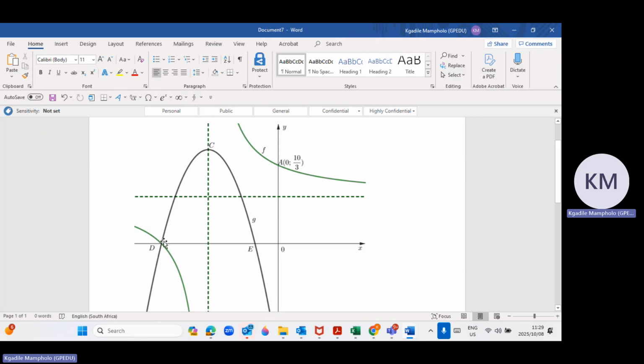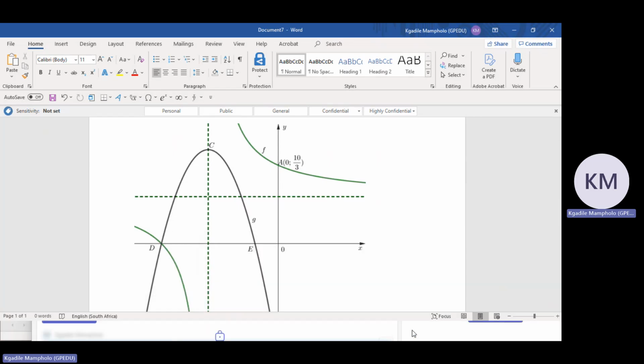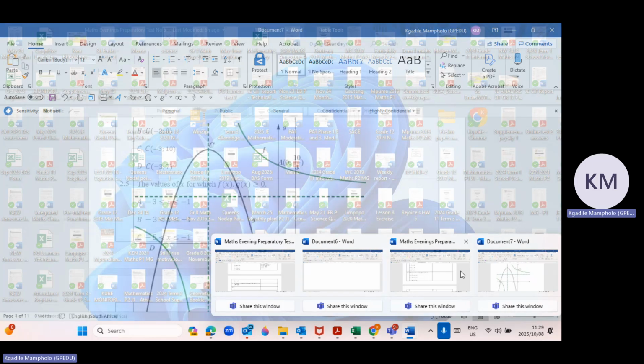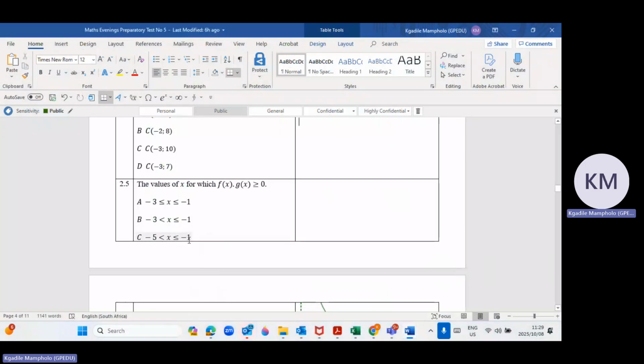Here it will be 0 because we say where it is greater or equals to 0. I left the space so that when I explain you'll understand what I'm talking about. So between -3 and this one is not a solution because -3 is the asymptote and it will not be part of the solution.